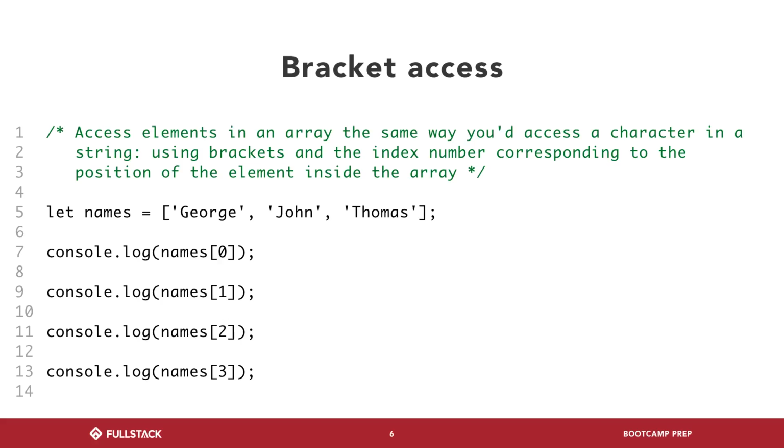So when I do names index 0, it's saying, give me the element at the 0th position of this names array. When I pass in any of these things, it's going to go into the names array and give me back the element at this position. In this case, we only have 4 things, so the possible indexes are 0, 1, 2, and 3.